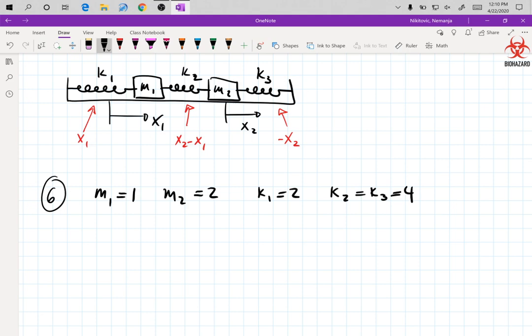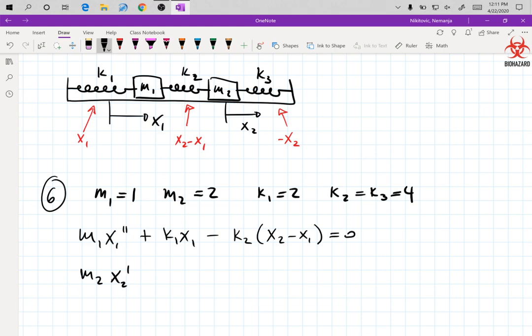My concern here is how to deal with M1 x1 double prime plus, and it has 2 springs. So we have K1 x1 and then minus, because it's opposing, K2 (x2 minus x1) equals 0.